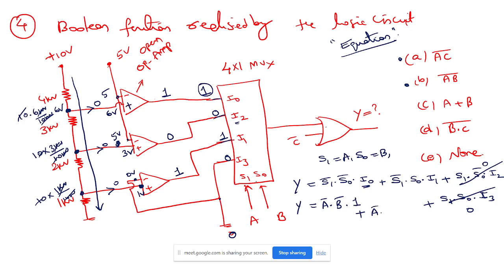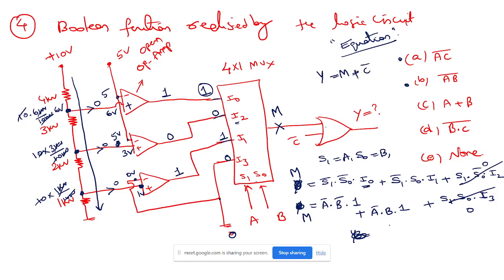A complement. What is S0? B. I1 is 1. So what is Y? This is not Y, sorry. This is some variable M, the output equation. Okay, I'm so sorry. This is just M. Y is M plus C bar.